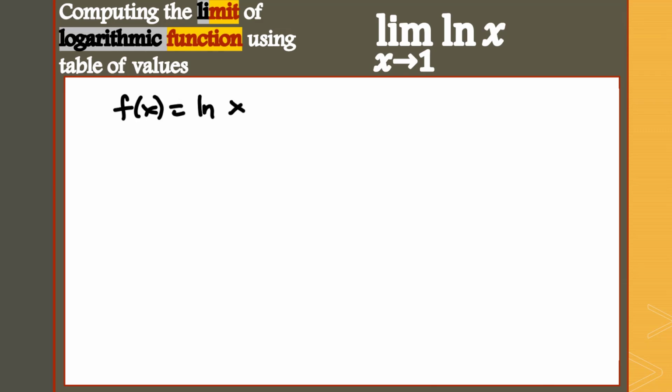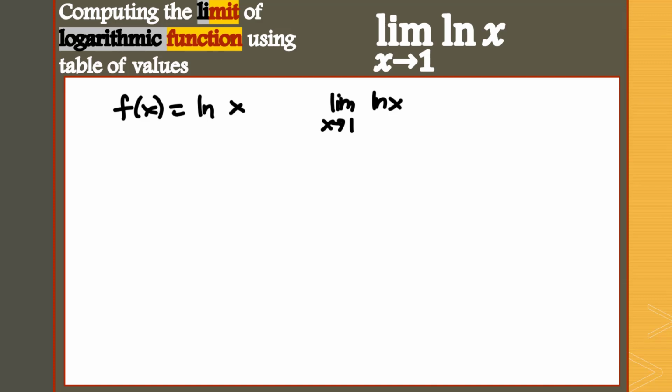And we are to compute or illustrate the limit of the said function as x approaches 1 using a table of values. Hence, we'll be using two tables: the first with values of x from the left of 1, and then from the right of 1. Take note, this is still a logarithmic function, and the natural logarithm of x is also an example of a logarithmic function.